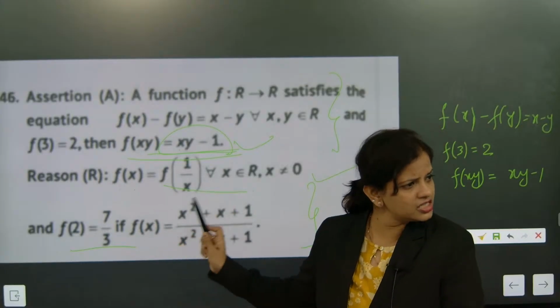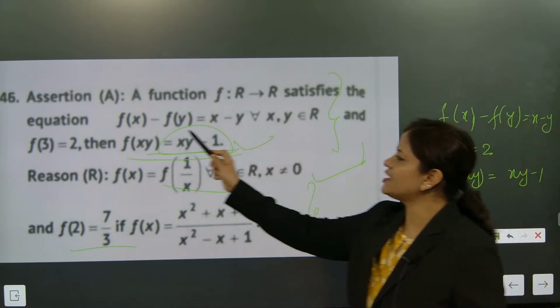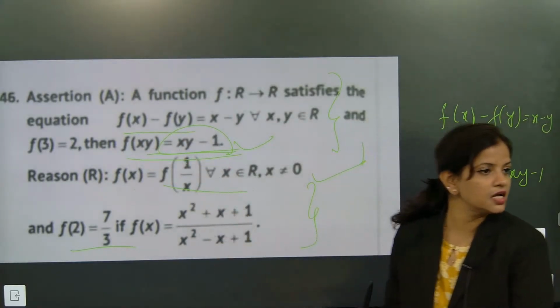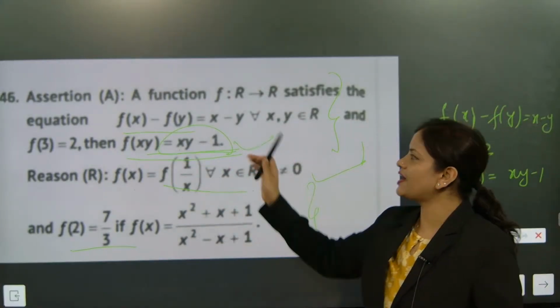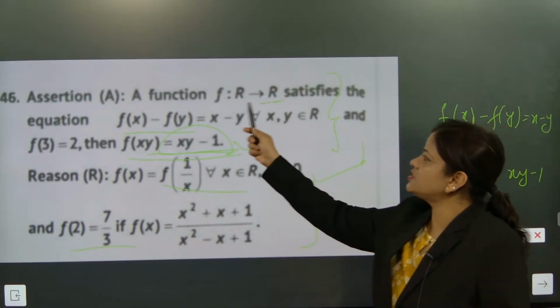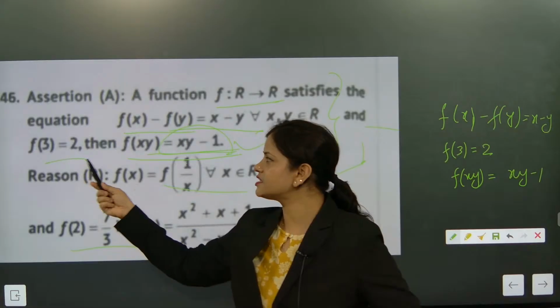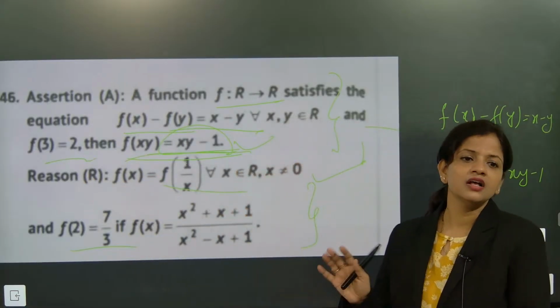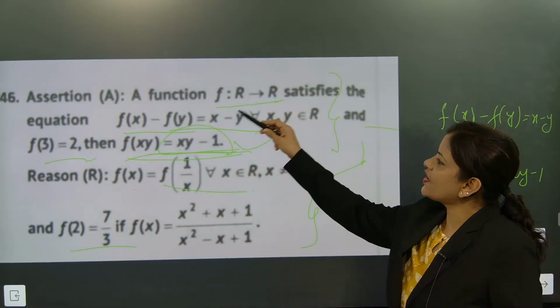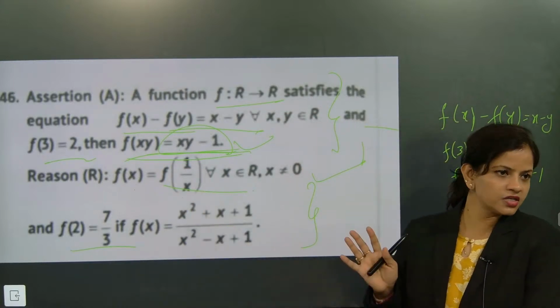Listen very carefully, the condition is very clear that f of x minus f of y is x minus y, and the equation satisfies it. If it is satisfying the first condition and the second condition, then it is also satisfying the third condition.